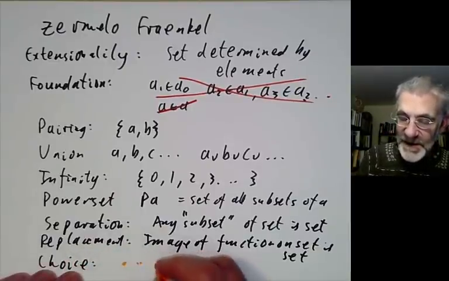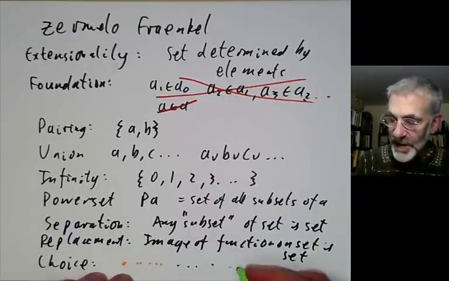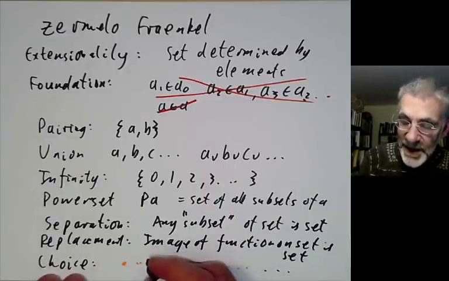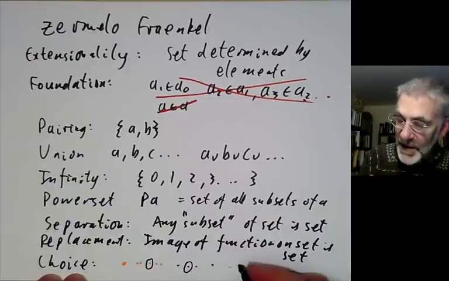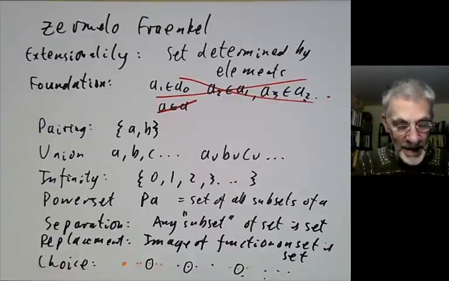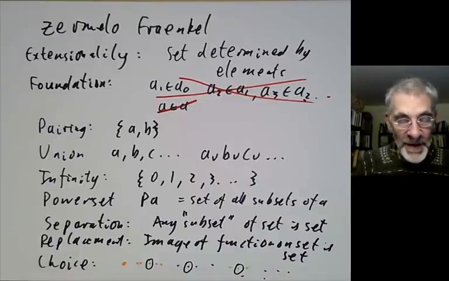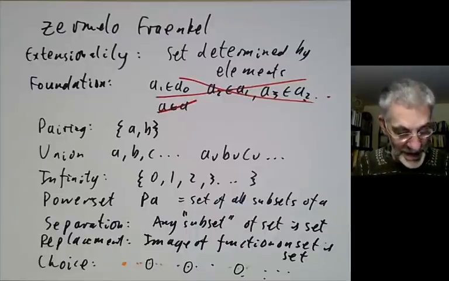Suppose I've got a set of some orange points and a set of some blue points and another set of green points and so on, and several other sets. What choice says is I can pick a single element of each of these sets, and that forms a new set. So that looks kind of obvious, but it is in fact the most controversial of all the axioms.